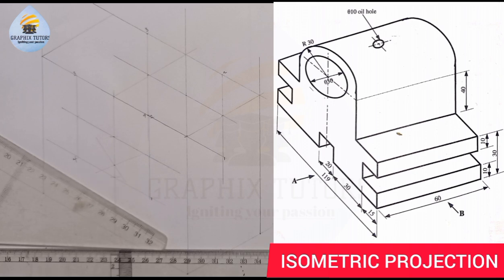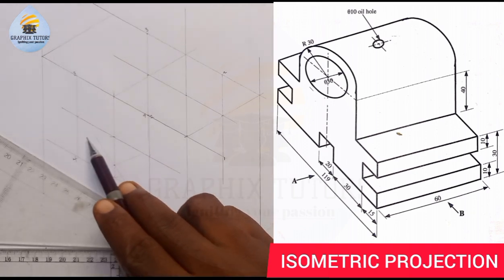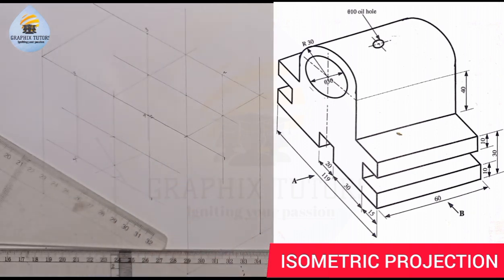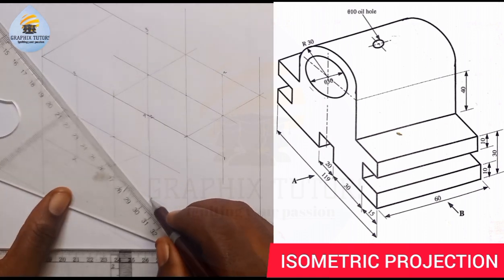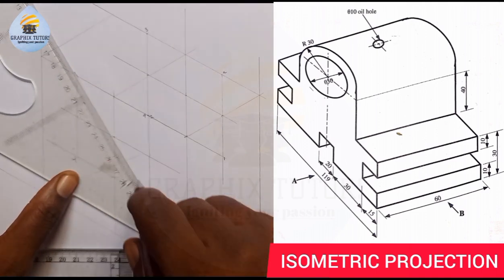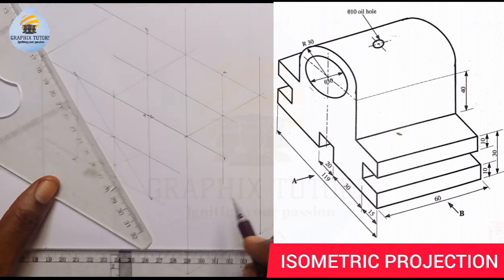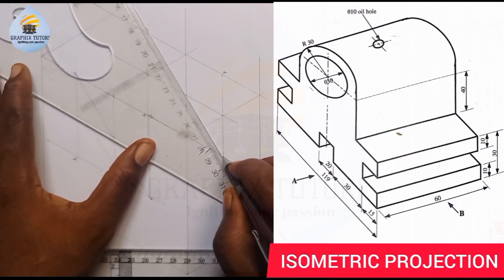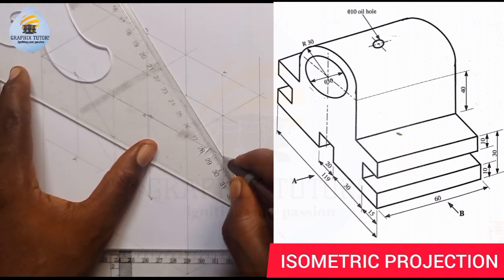Now one thing you need to understand is we want to use the ordinate method to draw an arc at this point, as you can see on the screen, right? So you join the diagonals from here to here, and that is from 1 to 3. You join the diagonals.